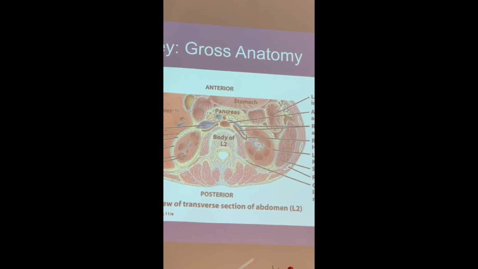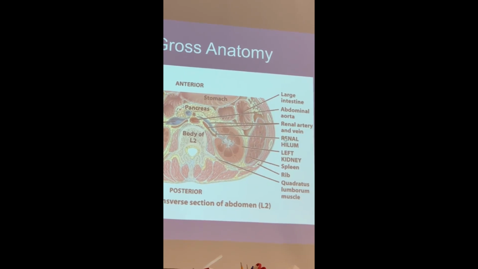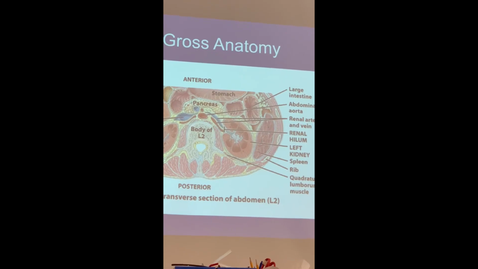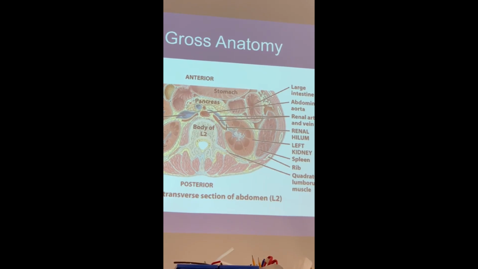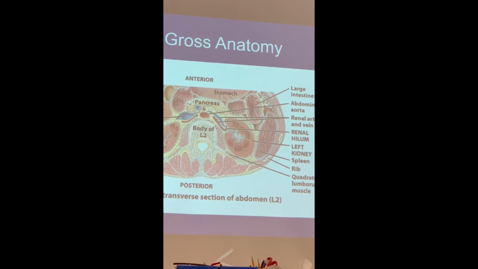We see it there, or hilum. I always forget which ones call it hilus, which call it hilum. The indentation of this bean-shaped organ, and with other bean-shaped organs that have that central indentation, we call a hilus or a hilum.